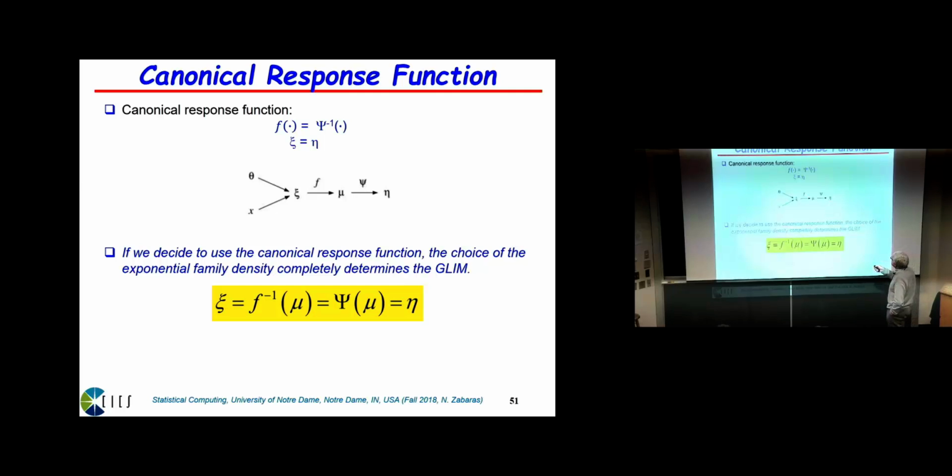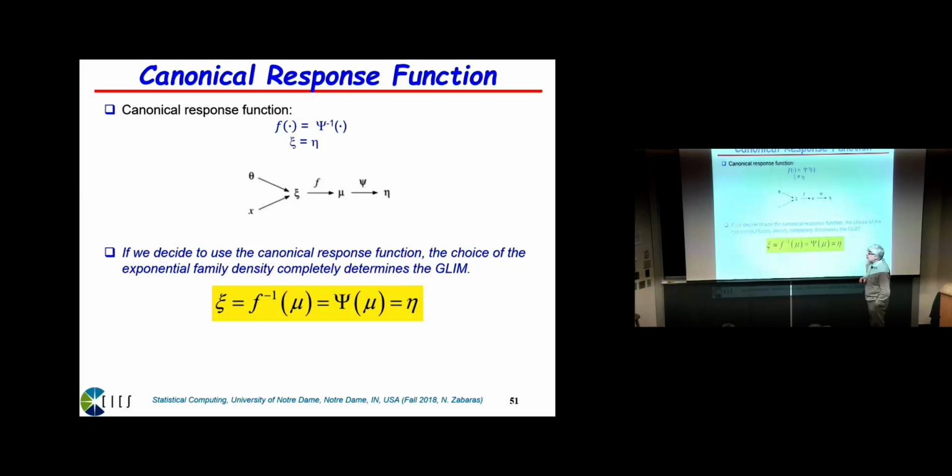Which means that if you look at mu from the left, mu is a function of xi, and because xi is equal to eta, this is also psi minus 1 of eta. You see that? So basically you have both of these relations to apply. So the function f that we choose here is not an arbitrary function, but is the inverse function psi that maps the mean to the natural parameterization. So basically the idea is I can use anything for the regression function, but I choose to use psi minus 1. And by using psi minus 1, I make xi and eta one and the same.